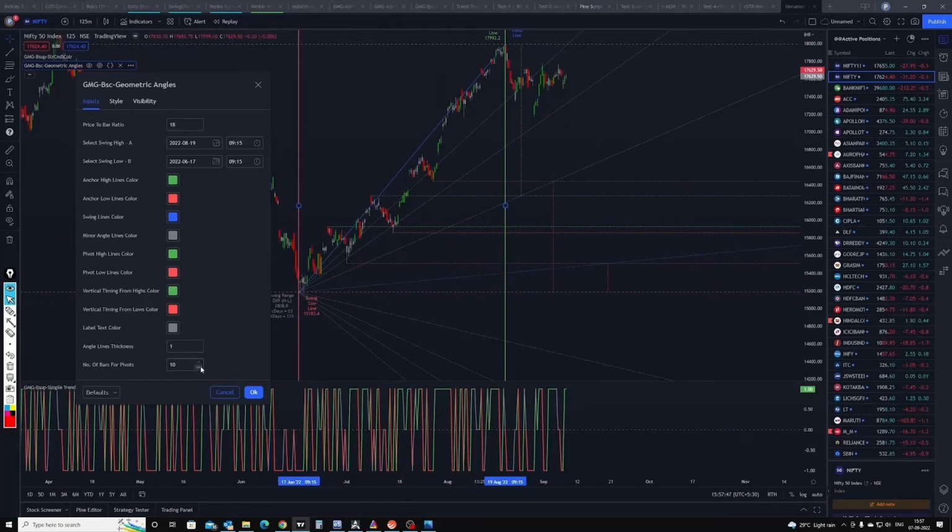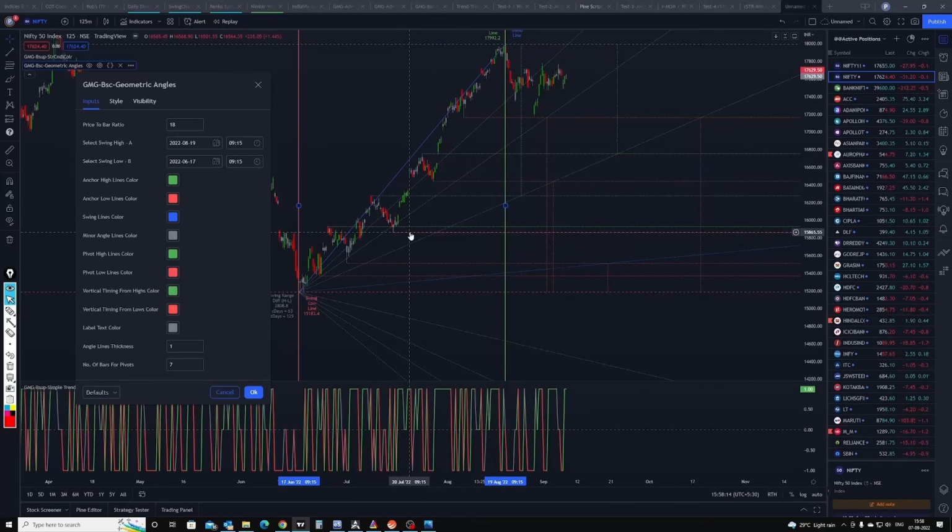I'll show you how. Right now you can see there are three red lines, that is 3 pivot lows, and 2 green lines, that is 2 pivot highs. So I'll reduce it to 7. Now you can see the number of lines has increased. So the script has plotted more support and resistances than the earlier one.